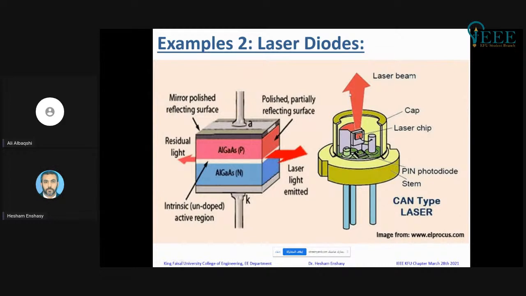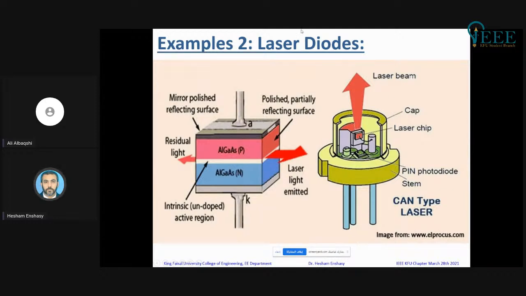Basically, a laser diode looks like this. From its name, it's a diode. And a diode, for people in the electronics field, is basically a p-n junction. So you have a p material and an n material, and once you stack them together, you make a p-n junction, which is a diode.